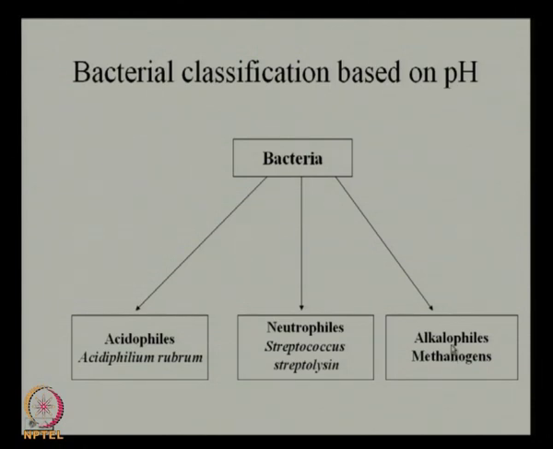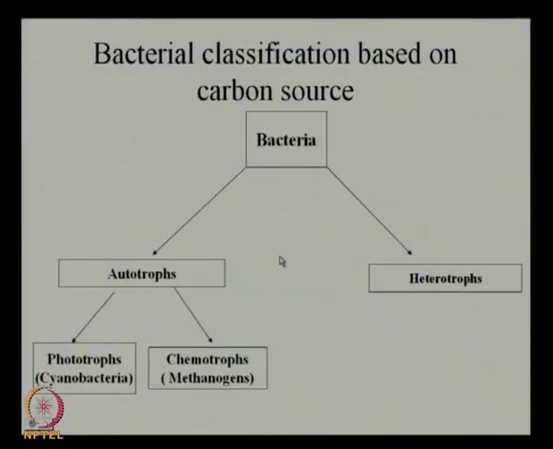Based on carbon sources, bacteria can once again be divided into autotrophs and heterotrophs. Autotrophs are once again divided into photoautotrophs and chemoautotrophs. That means cyanobacteria have chlorophyll within them, and they can synthesize their own food.